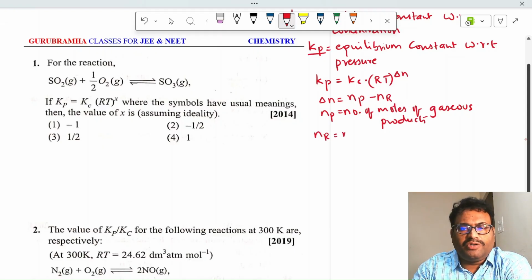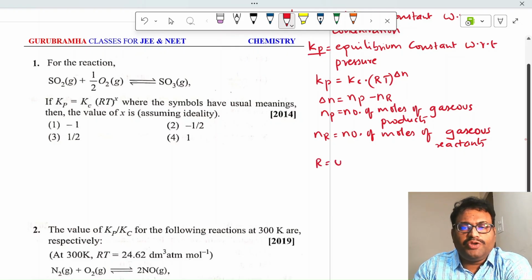Nr is equal to the total number of moles of gaseous reactants. The difference in the number of moles of gaseous products and the number of moles of gaseous reactants gives you delta N. And what is R?